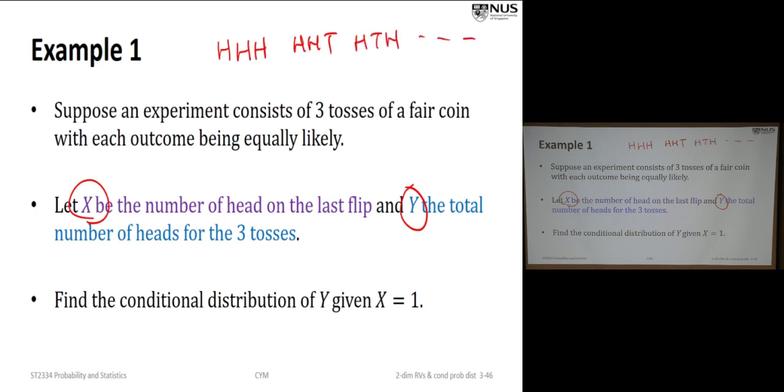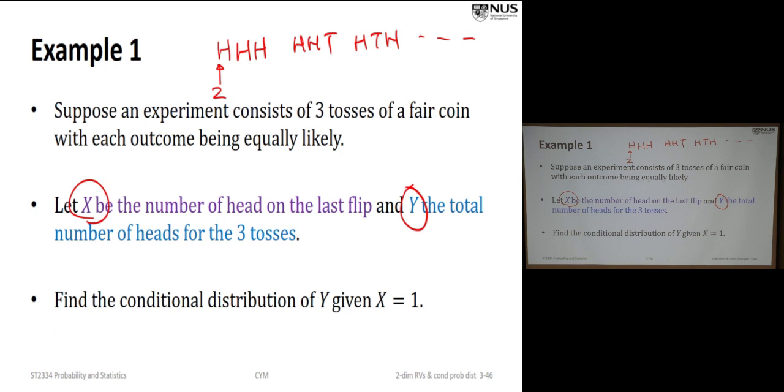How many sample points are there? 8. How do we get 8? 2 times 2 times 2. Why 2 times 2 times 2? We apply the multiplication rule. There are 2 outcomes here, right? Head and tail.